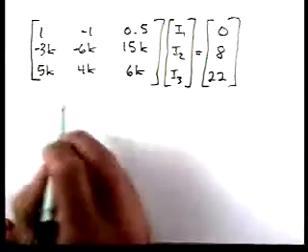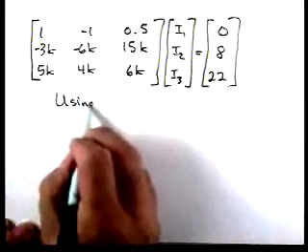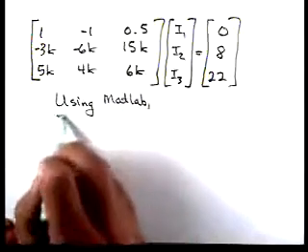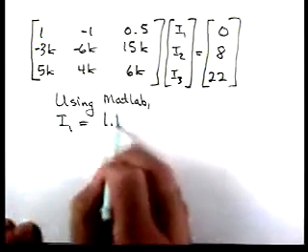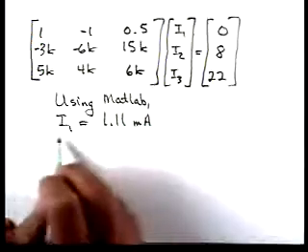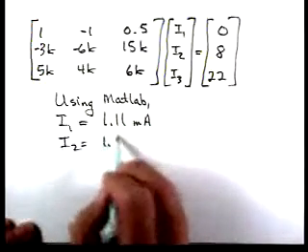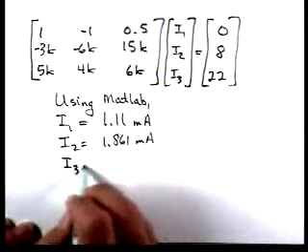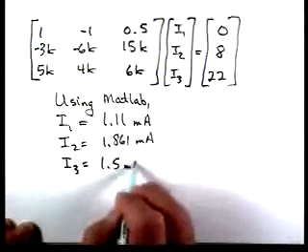Now if we enter the equations into MATLAB and solve, we'll get I1 is 1.11 milliamps, I2 is 1.861 milliamps, I3 is equal to 1.5 milliamps.